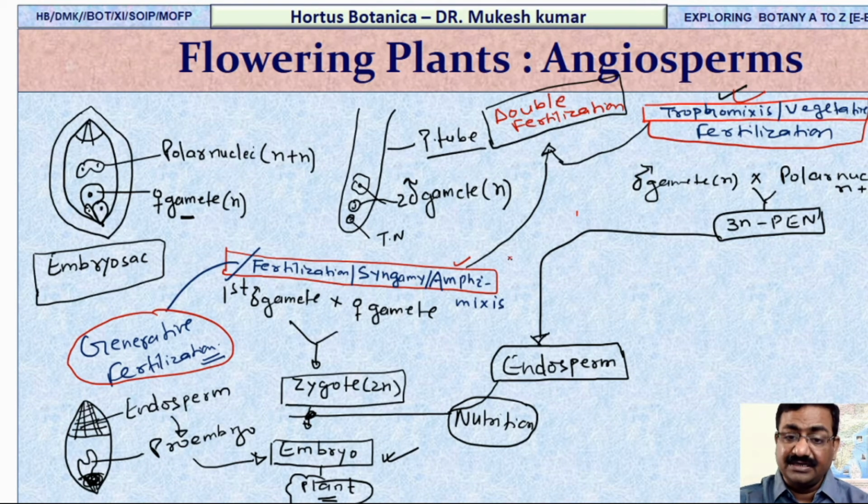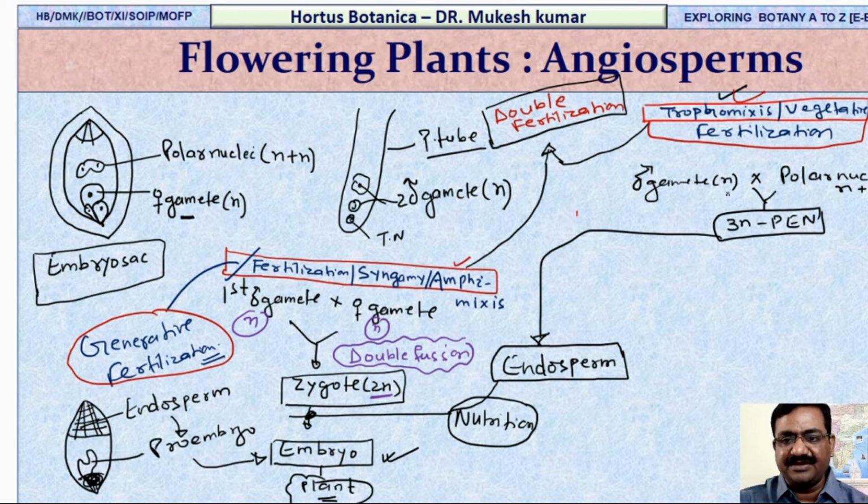Fine. One more terminology we can find. Two nuclei are going to fuse, N and N, giving 2N. So that's why syngamy is also called double fusion. Remember. But when you find one nucleus from the male and two from the polar nuclei, it is also called triple fusion.